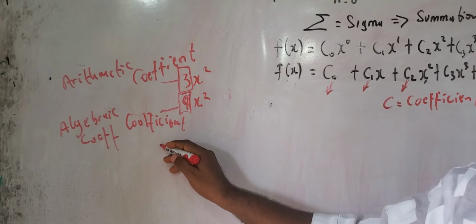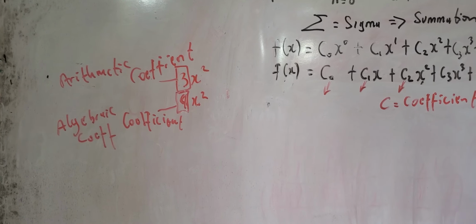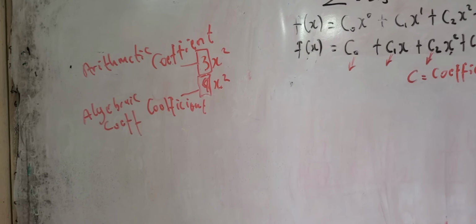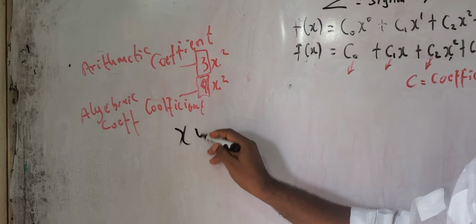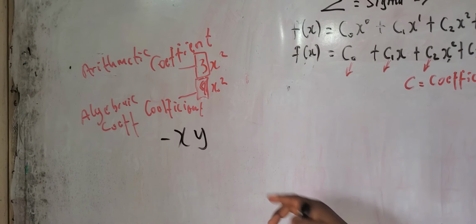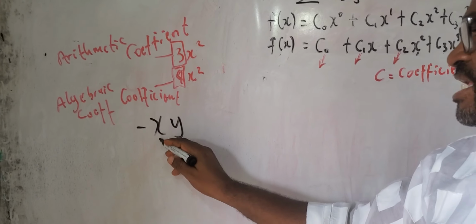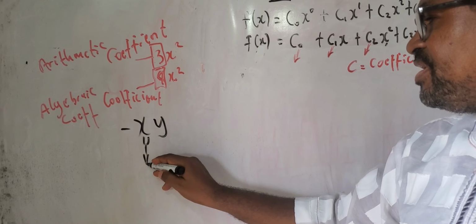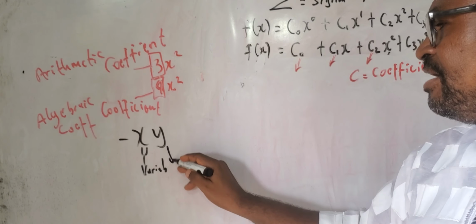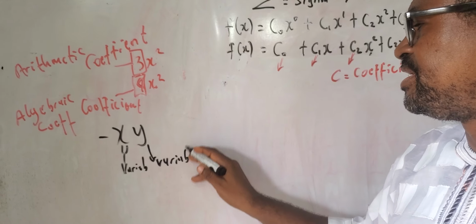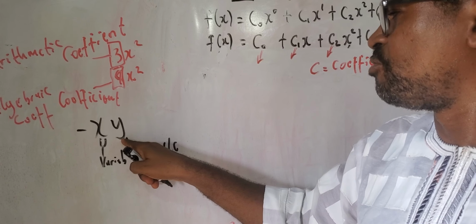Like if I have two variables, let's say variable x, y, I have minus in front. Please, each of these is a variable, this is a variable, and this is another variable. So in this case, don't ever say x is the coefficient of y.